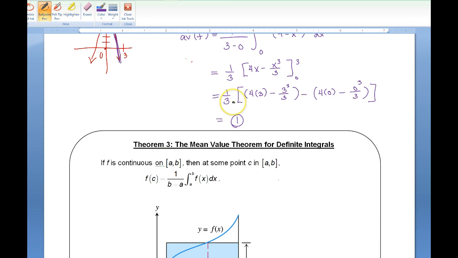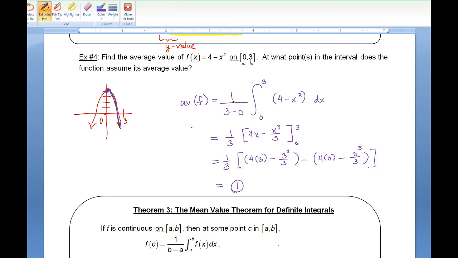If we know the average y value was 1, what would we do to figure out x? Remember, this is a y value. Set f of x equal to 1 and solve for x. And then just make sure that your answer is in the interval that's provided.